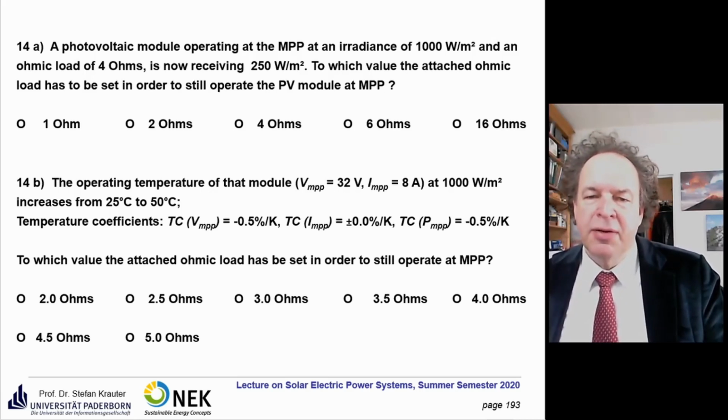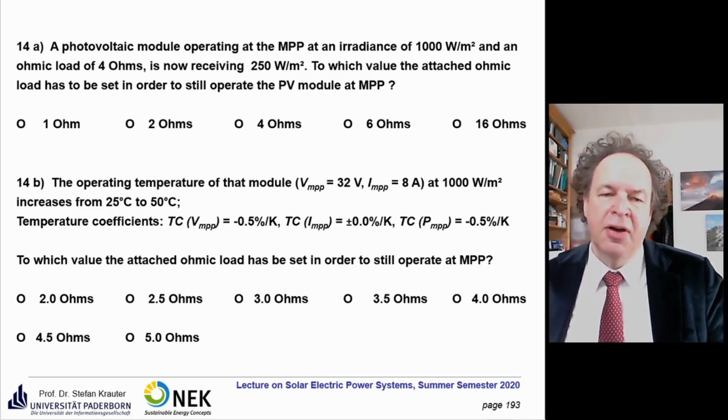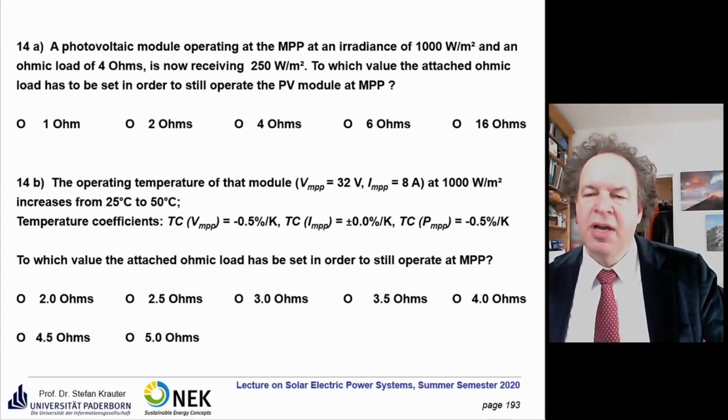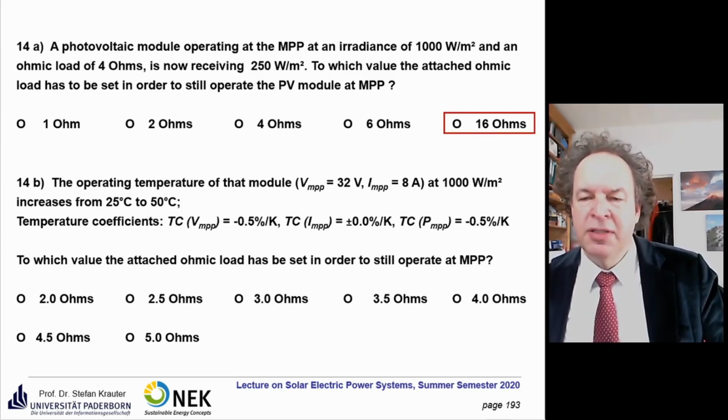The irradiance is proportional, creating a proportionally reduced current. So we reduce the current by 4 times, and you remember the ohmic law, voltage divided by current: 4 times smaller current means an increase in the ohmic load by 4, so it's 4 times 4. We have an ohmic load to operate the module in the maximum power point of 16 ohms.